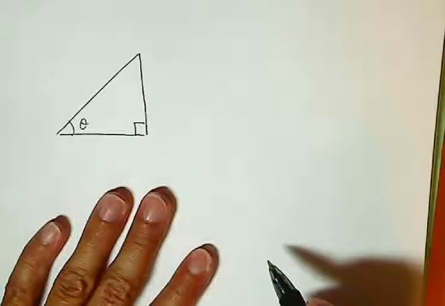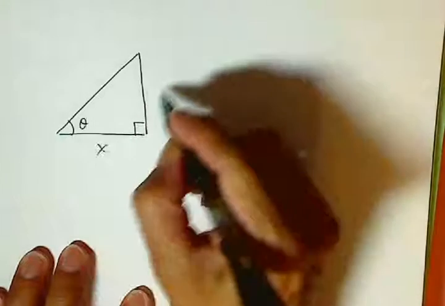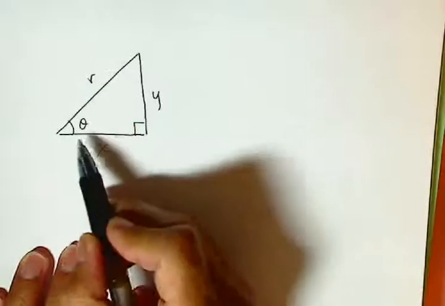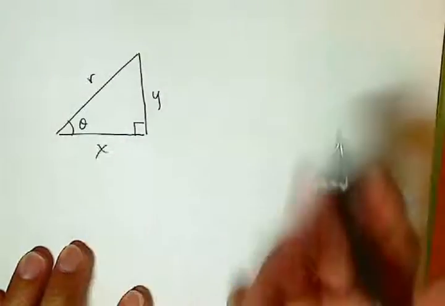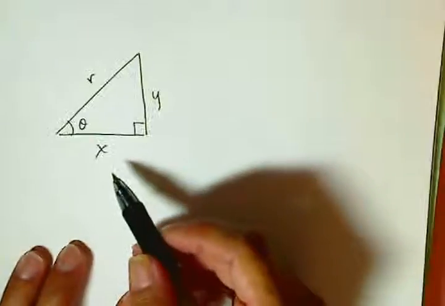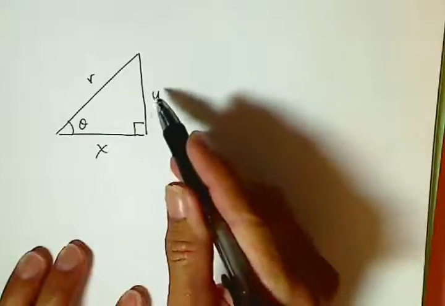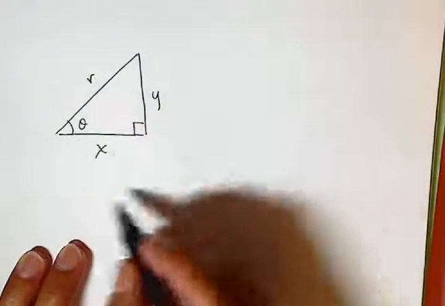So let's look at my right triangle again. Label our sides X, Y, and R, and we'll call this the angle theta that's associated with this particular triangle. I want to talk about those ratios we talked about a minute ago.